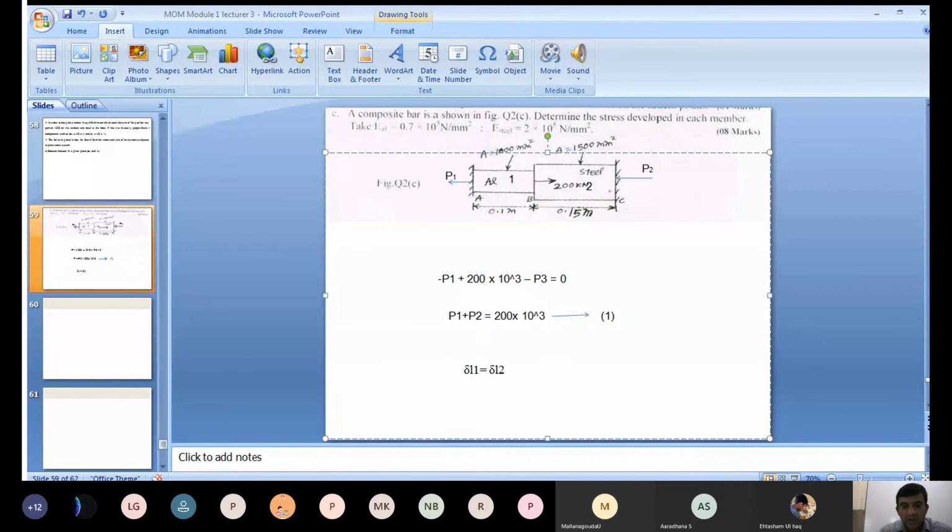Substitute delta L1, what is it? P1 L1 by A1 E1 is equal to delta L2, which is nothing but P2 L2 by A2 E2. Now check, P1 and P2 are unknown.